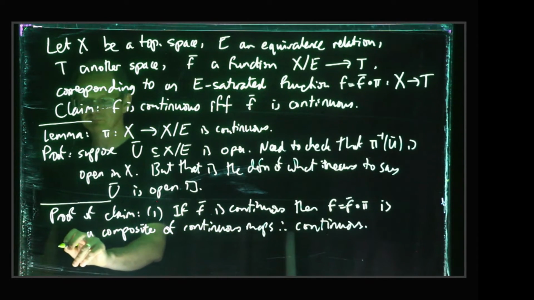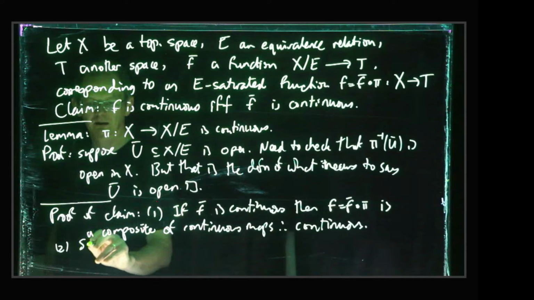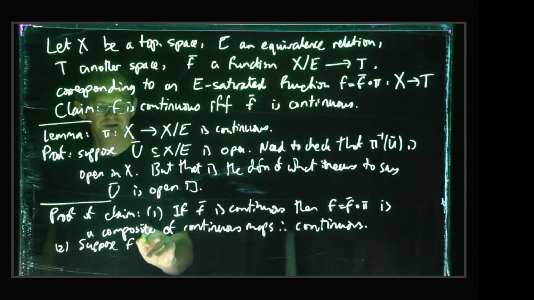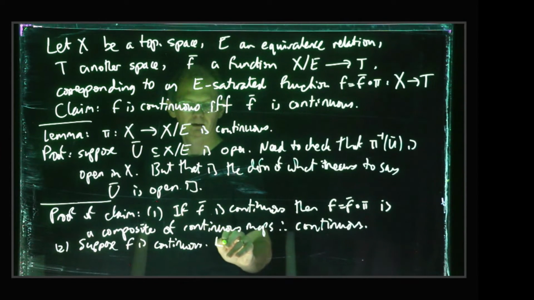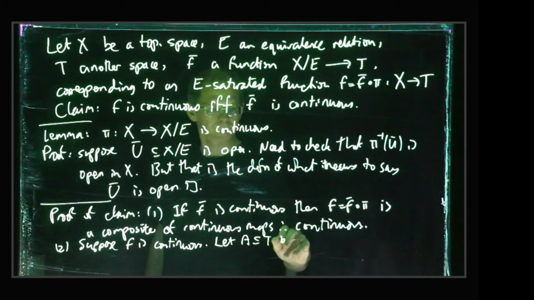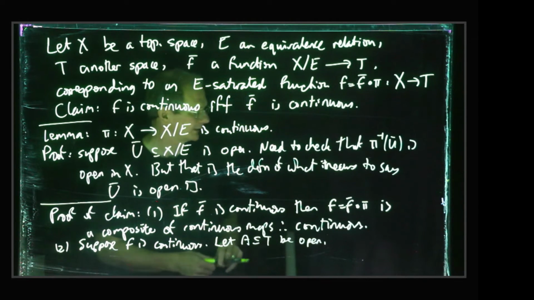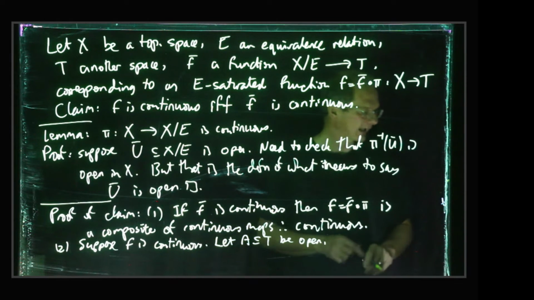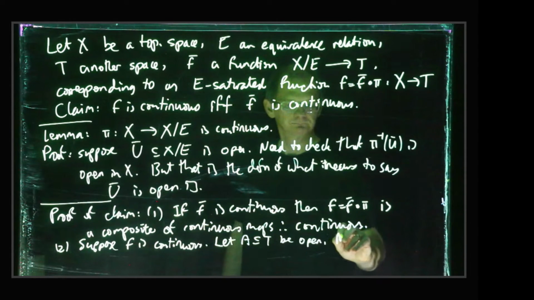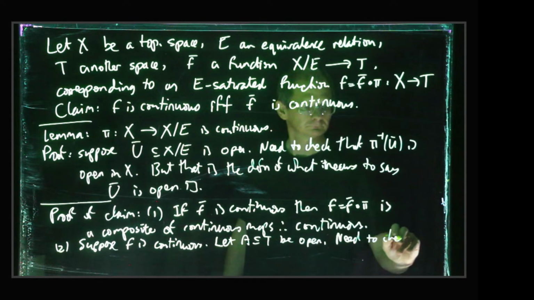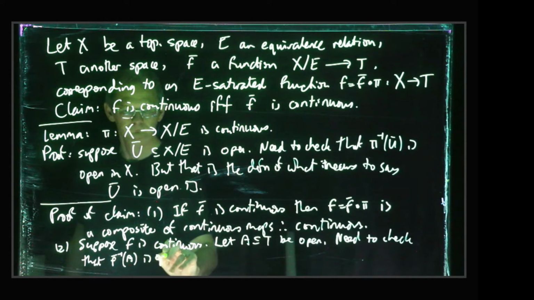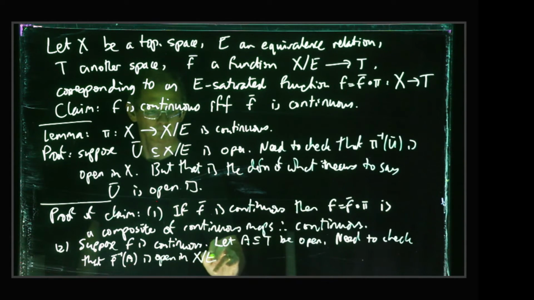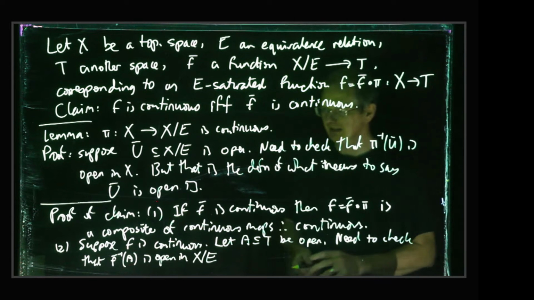So the other way around is not actually much harder. Suppose f is continuous. Okay, so suppose A is some open subset of T. So we need to check that the f bar inverse of A should be open in X mod E.